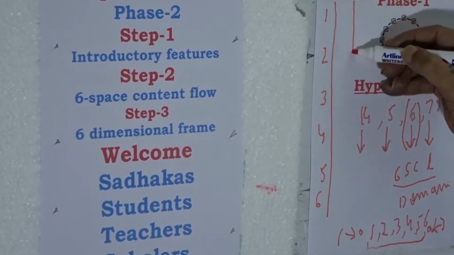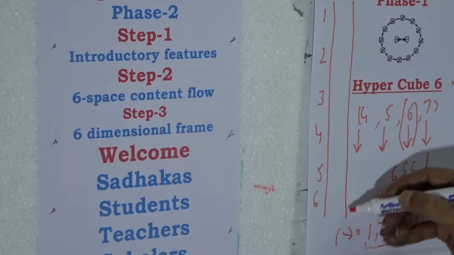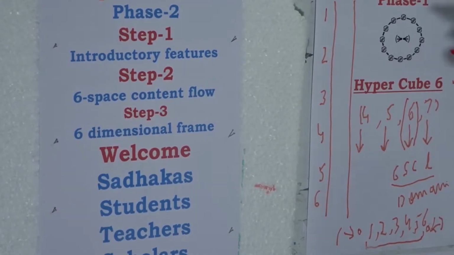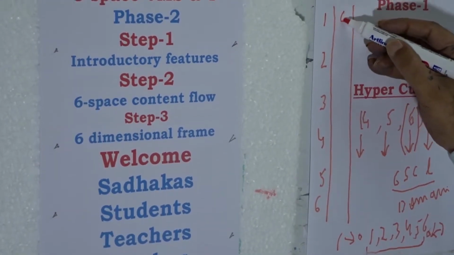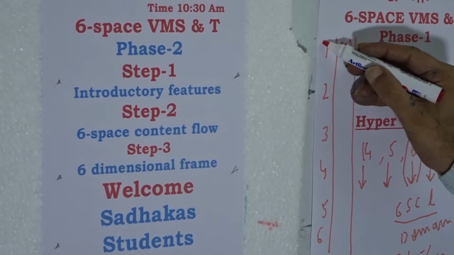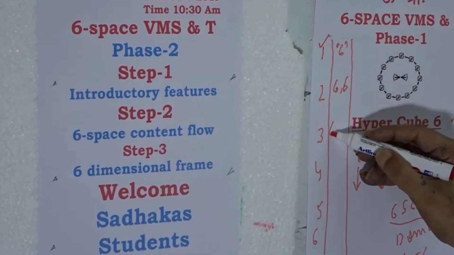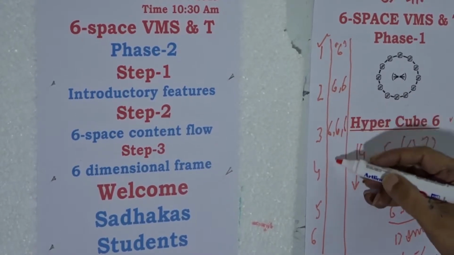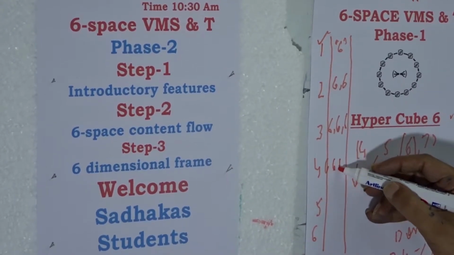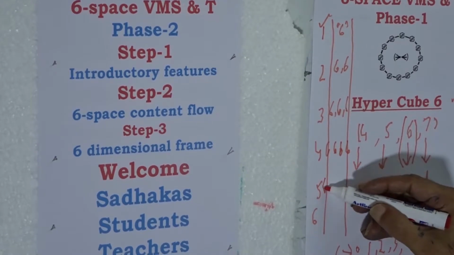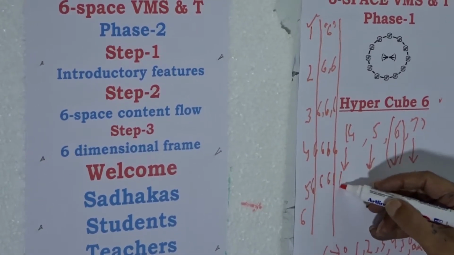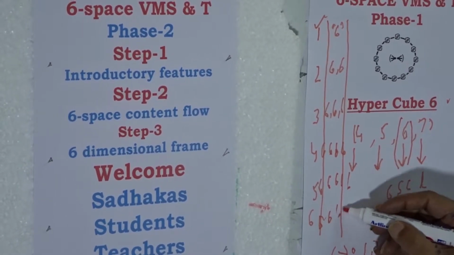And as these manifest within 6-space domain, the 6-space content initially manifests as a single dimension, then as a pair of dimensions, then as triple dimensions, then as quadruple dimensions and 5 dimensions, and ultimately as 6 dimensions.